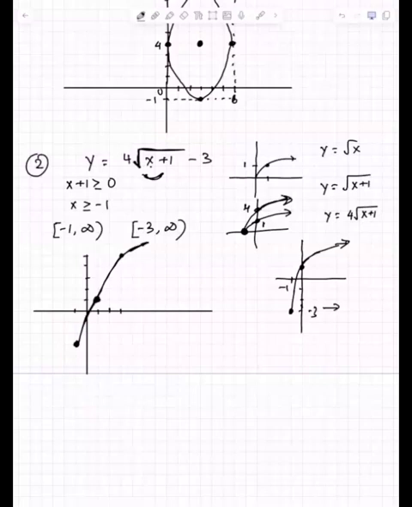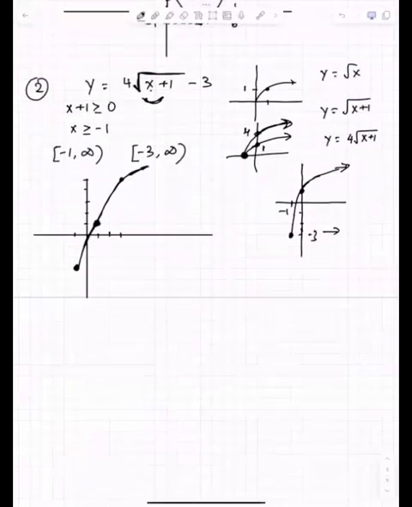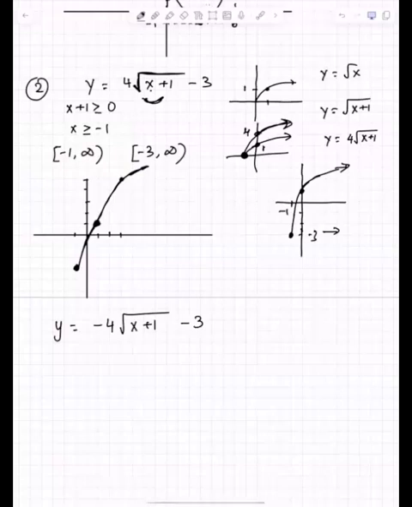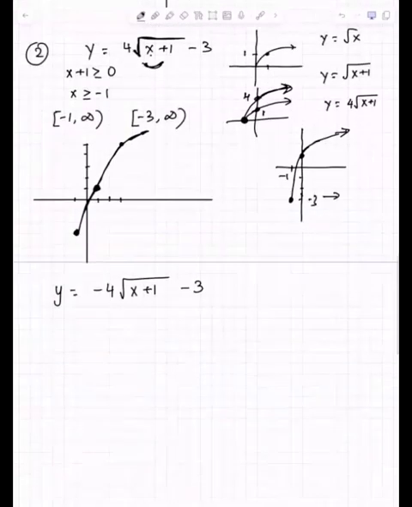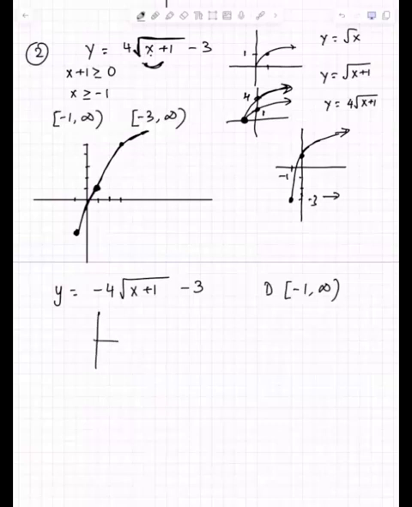Okay. Now we do the negative piece of this. y is equal to -4 times square root of x plus 1, minus 3. Same thing. Domain is still -1 to infinity. And now what are we doing with the square root graph?